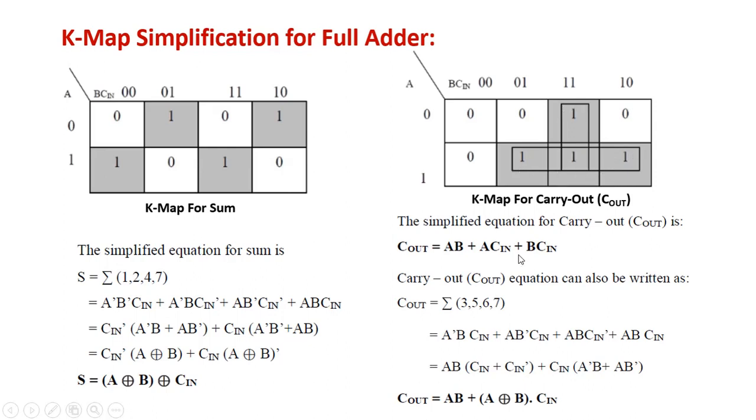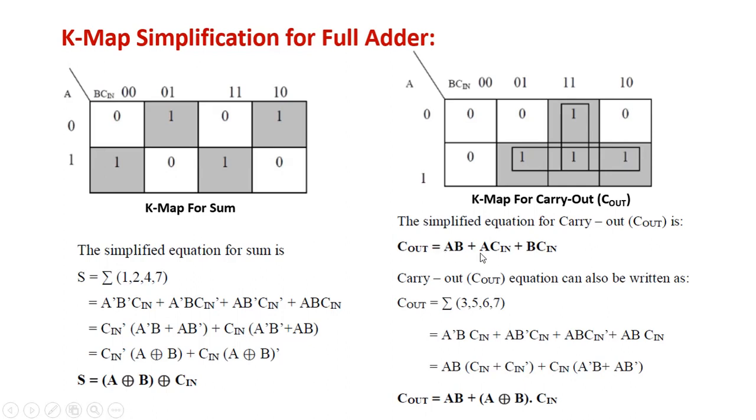So from the truth table, for this pair you will get A. For this pair, A is changing, so B C in. For this pair, A is constant and C is constant, so A C in. For this pair, A is constant and B is constant, so A B.